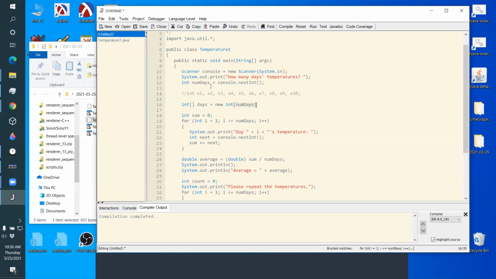This creates these variables with exactly the right number of them. Essentially it creates variables whose names are days 0, days 1, days 2, days 3, and so on.